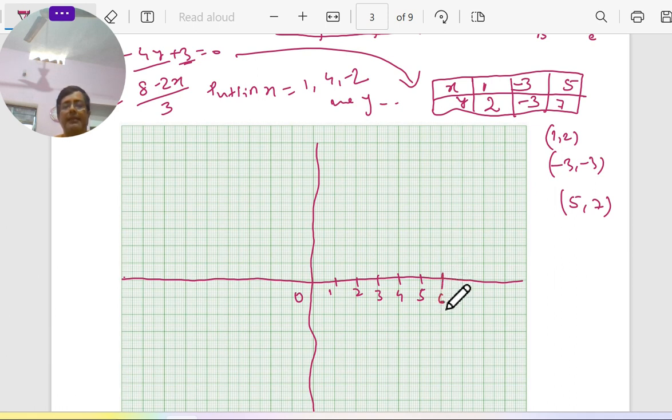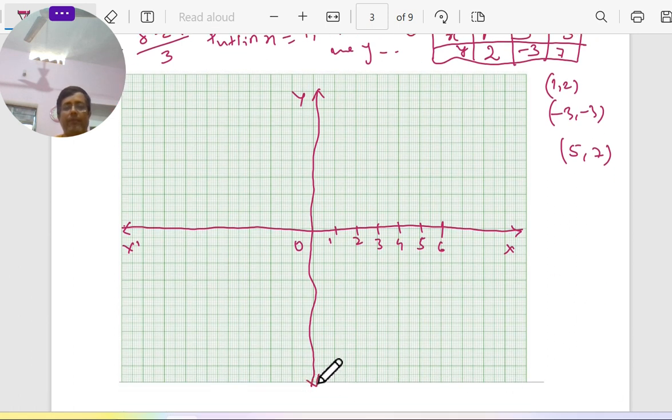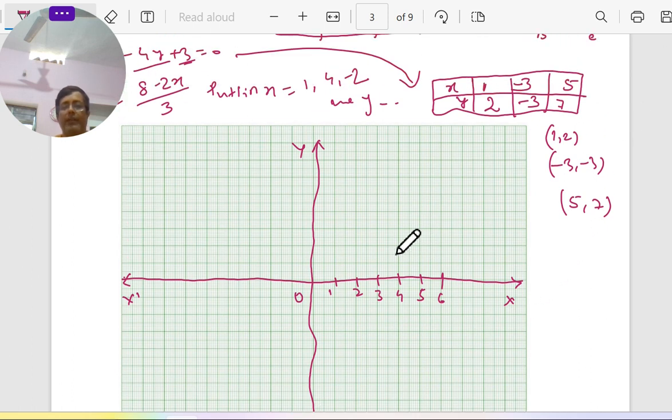So we take here this 6, we write here x, here it is x dash or negative of x, this is y, this is negative of y, that is y dash. Also, suppose this division is 10, a small division is equal to 1 unit.